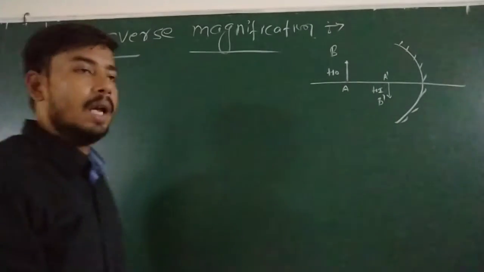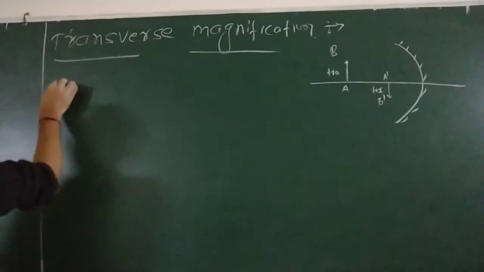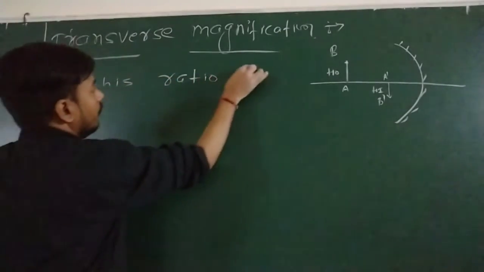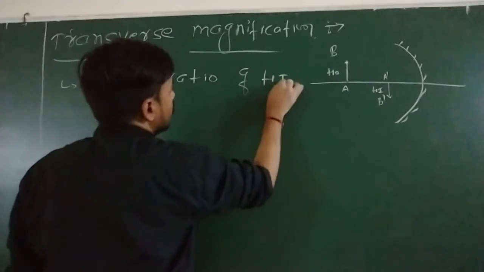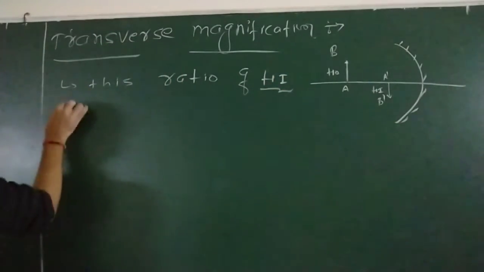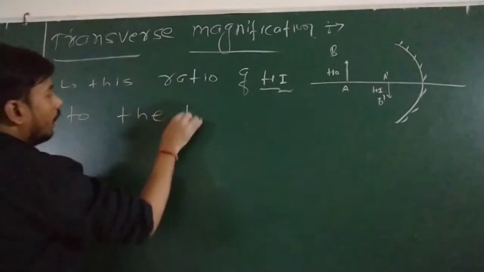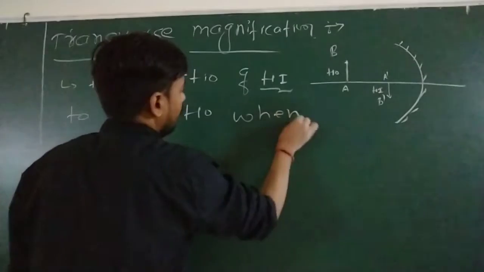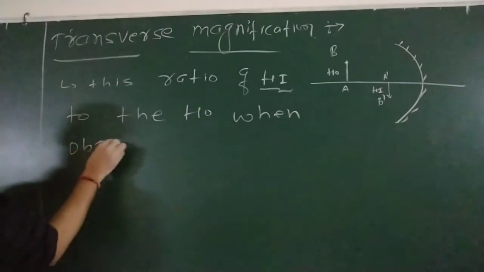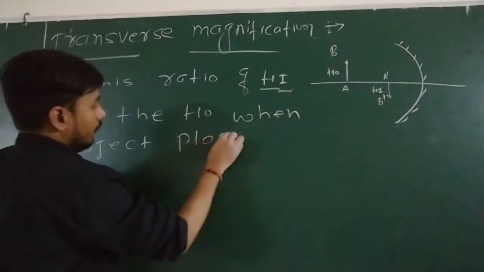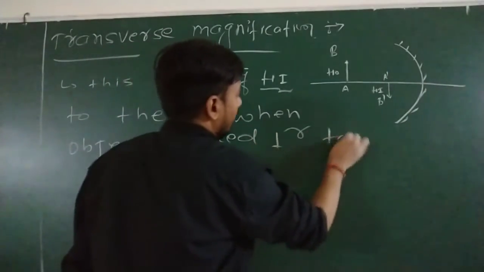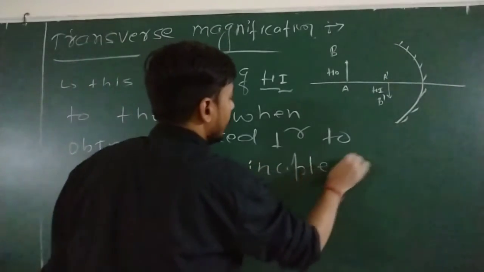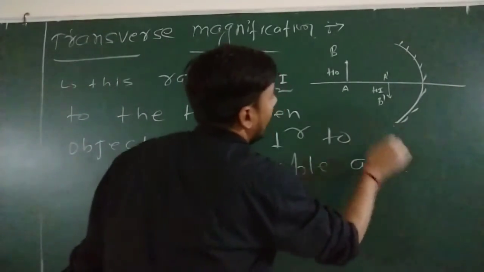Getting my points? So I am writing here, this is the ratio of height of image to the height of object when the object is placed perpendicular to the principal axis.